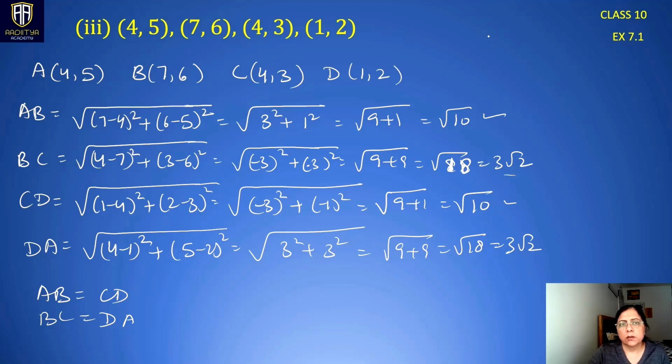You can assume this to be like this. A, B, C, D. AB is equal to CD and AD is equal to BC. So this is right now forming a parallelogram because opposite sides are equal. Now this parallelogram can also be a rectangle in case the diagonals are equal.